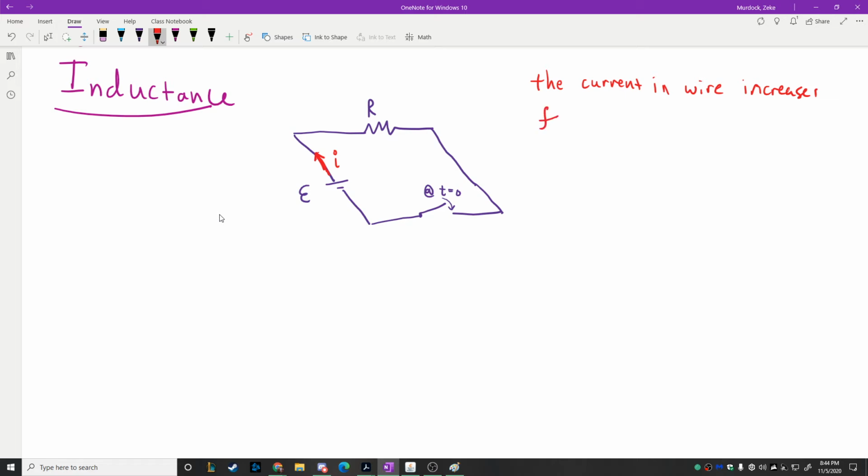It increases from I equal to 0 up to I equal to E over R over some time.